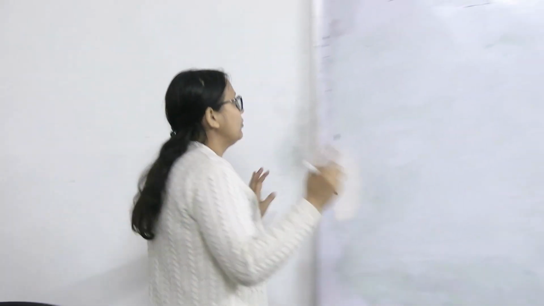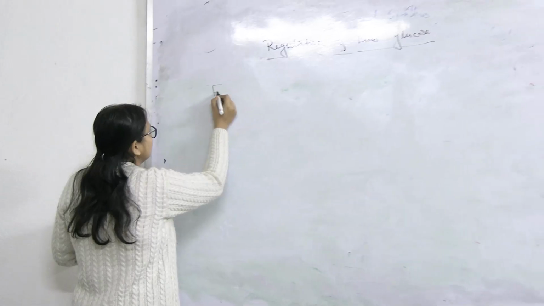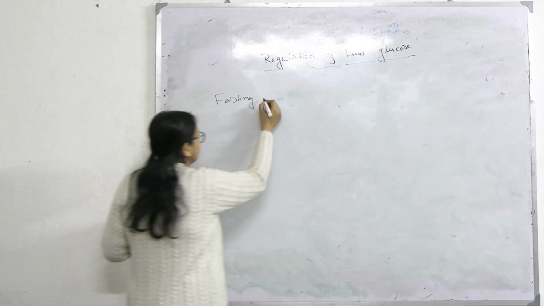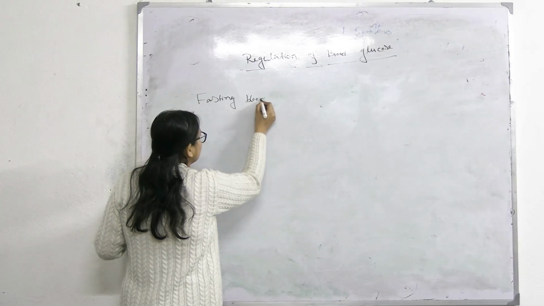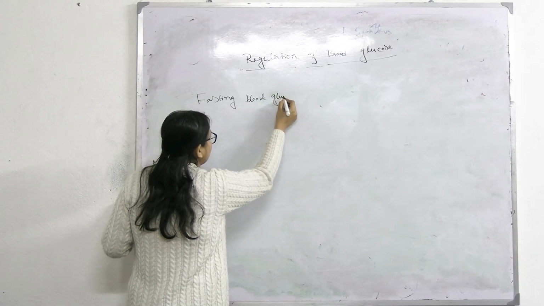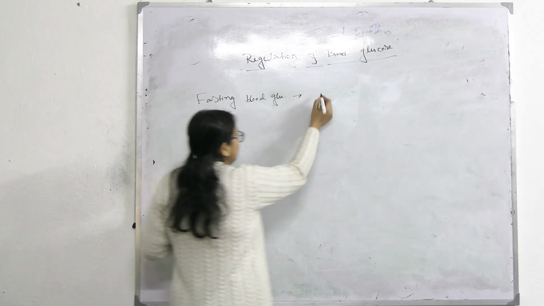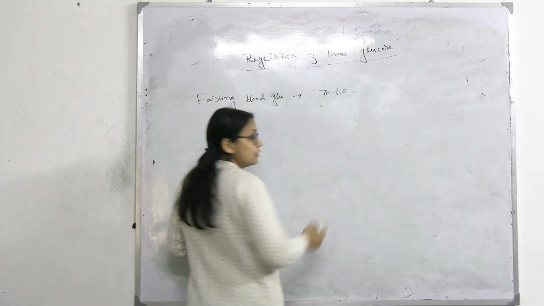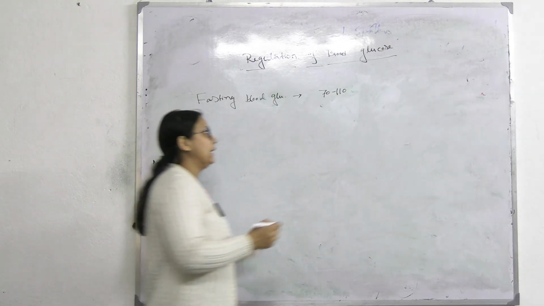So when the question comes, what is the normal blood glucose level, the answer will be under two headings. Number 1, fasting blood glucose. That is around 70 to 110, in what unit?